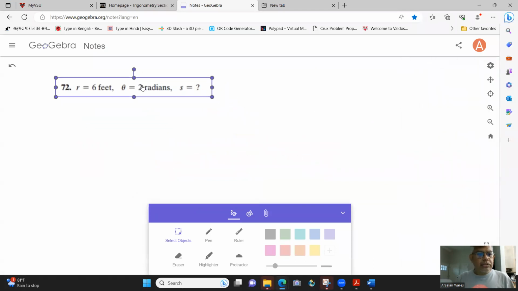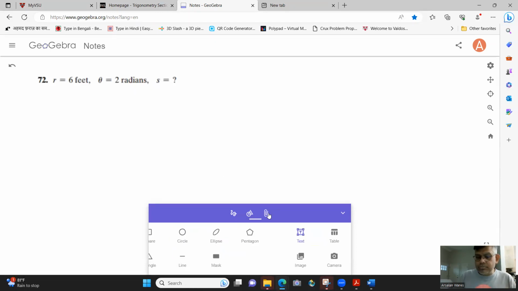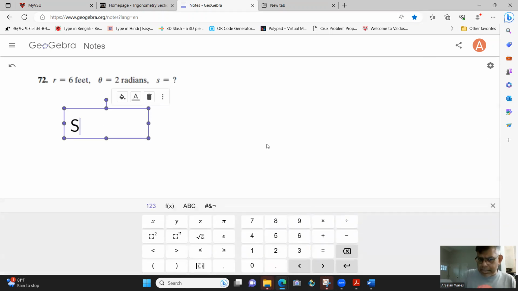All right, I hope you can see it's not too small. So this one, it's not bad at all. The R is 6 feet, theta is 2 radians, given in radians. Good news, S is something you need to determine. So you're going to say, okay, the arc length S is R theta, given theta is in radians.